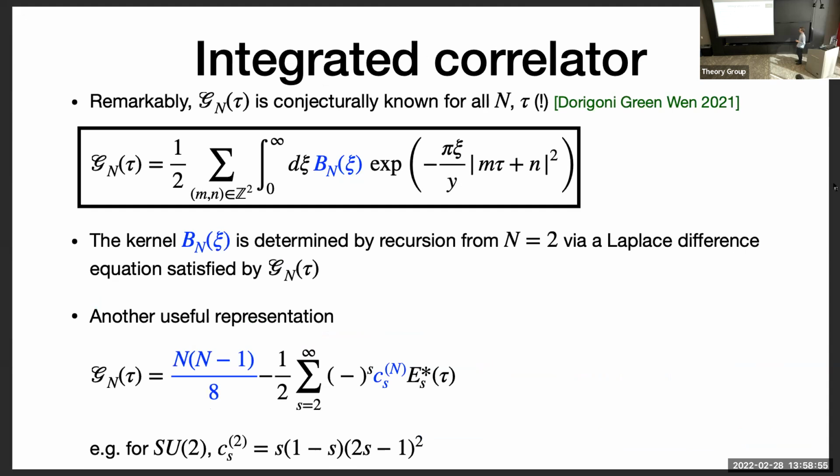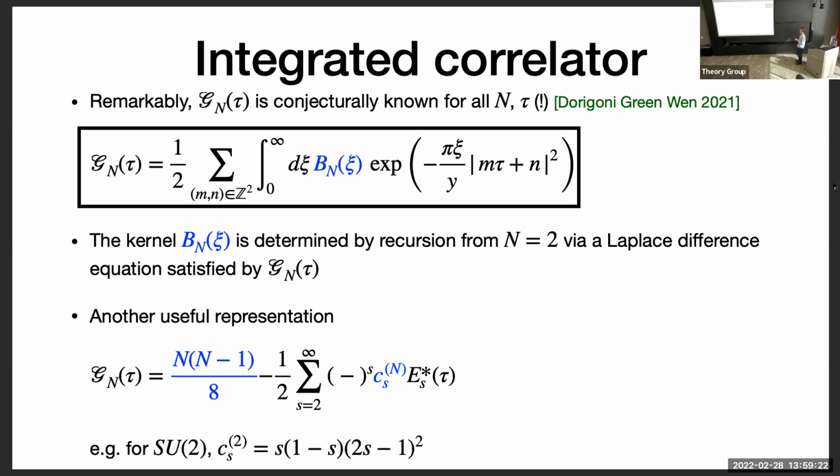Now, remarkably, this observable is conjectured to be known for all N and for all values of tau. This was in a really impressive, I think underrated, paper by Dorigoni, Green, and Wen from last year. We refer to this as a lattice integral representation because it involves a lattice sum over two integers and an integral.